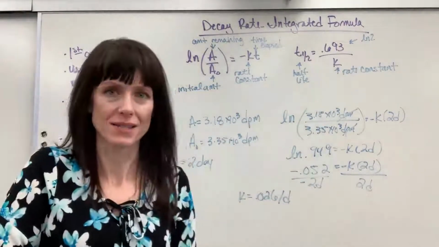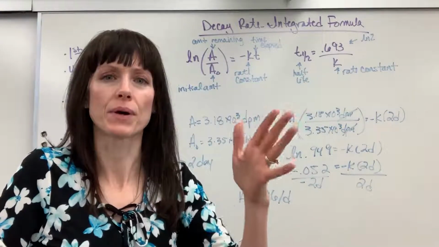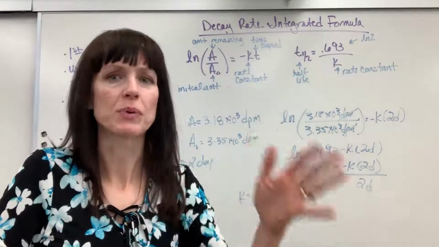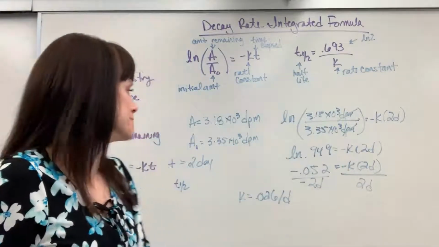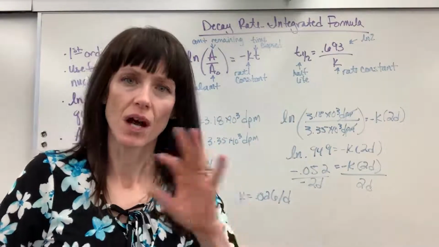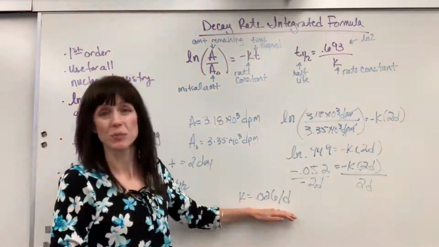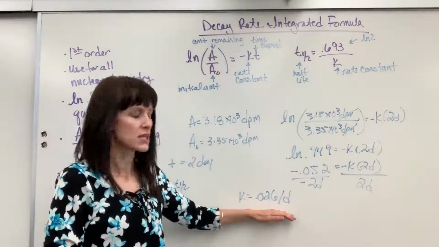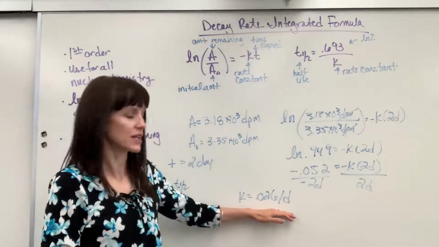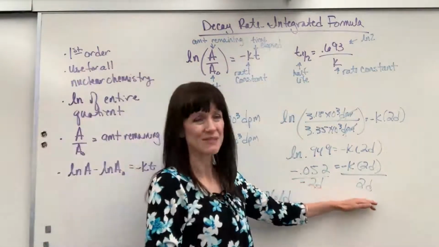The unit for the rate constant for a first order reaction is always per unit of time. And again, go to my rate playlist and you can watch the videos on the rate constant. Honestly, the point of the rate constant is to adjust units. So that's really, really significant that it's going to be a number per time. And here the time is days.